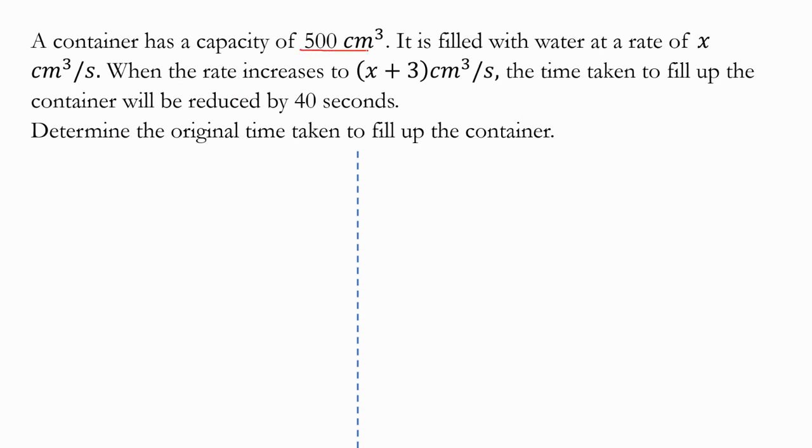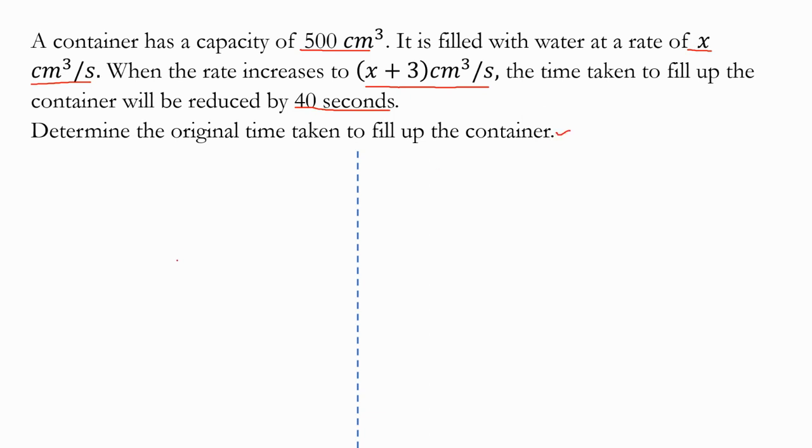When the rate increases to x plus 3 cubic centimeters per second, the time taken to fill up the container will be reduced by 40 seconds. Determine the original time taken to fill up the container.